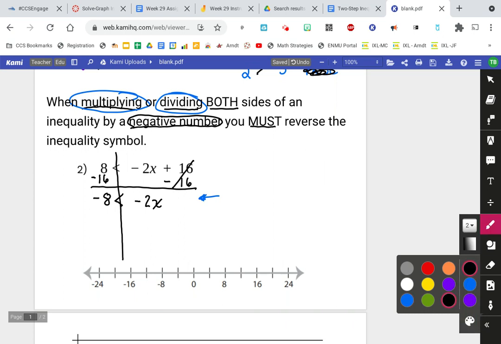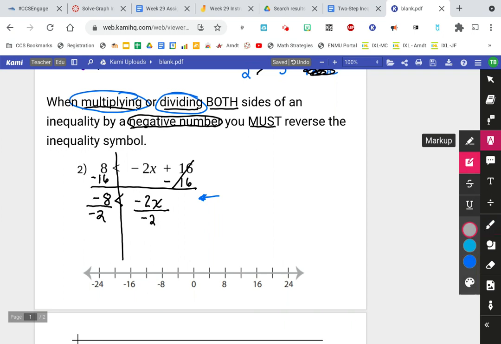Well, to undo multiplication, we need to divide by negative 2. But what we do to one side of an inequality, we have to do to the other. Now, here's where I need us to pay a lot of attention to what we're doing. Notice that right here, I just divided both sides, not one side, both sides of an inequality.